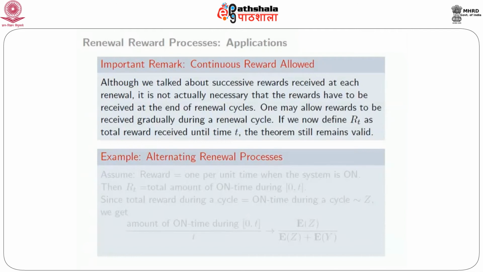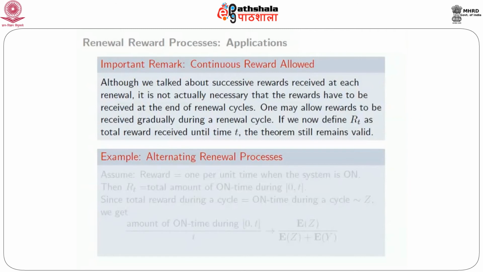One may allow the rewards to be received gradually during a cycle. If we now define R_t as the total reward received until time t, then the theorem still remains valid. Okay, so there could be rewards coming from the cycles that ended at time S_{N_t}, but then there could be rewards until time t also after that.